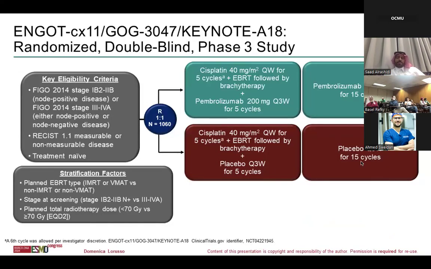I put this in intentionally because I need you to remember it. This trial came for true locally advanced disease, with more modern radiotherapy, better brachytherapy, better delivery of chemotherapy, along with the immune therapy. So in my view, this is the study nowadays that really altered the practice.